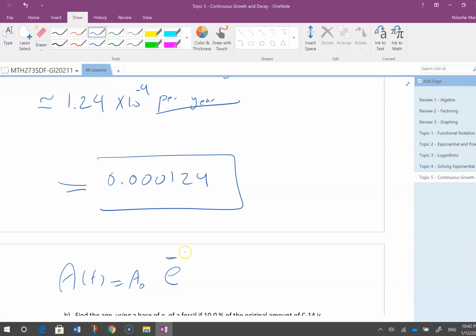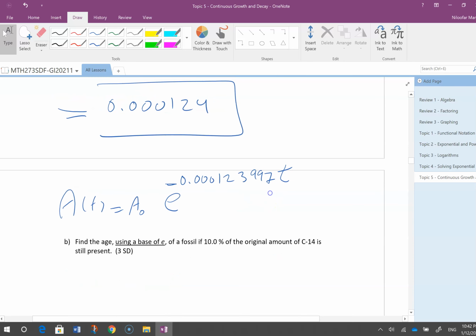When I use it for the next part, I need more digits, otherwise I am rounding and rounding and rounding. I don't use a rounded answer for the next part, because then my answer is not accurate. So I have this and multiply t.